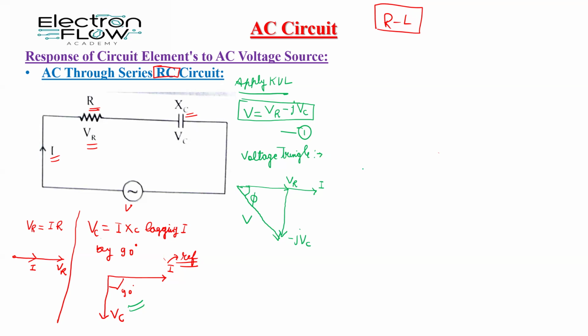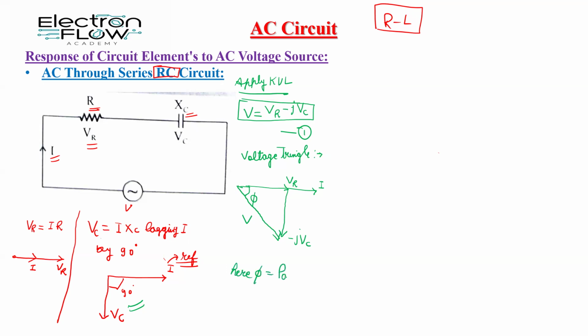From the voltage triangle, it may be observed that in the series RC circuit, current I leads the supply voltage V by an angle phi, where phi is the power factor angle.